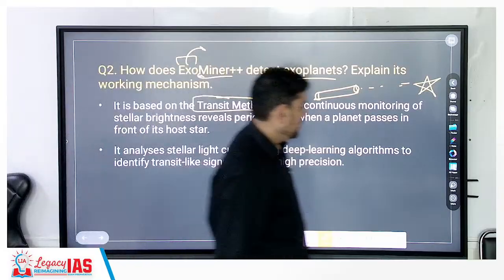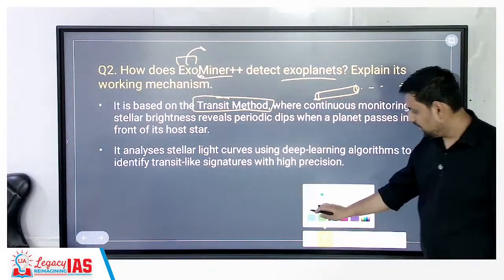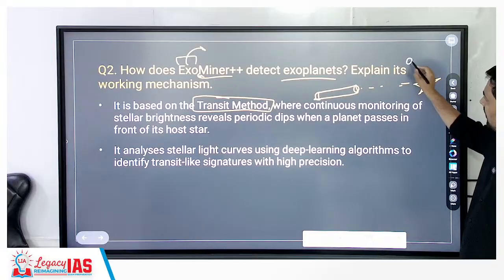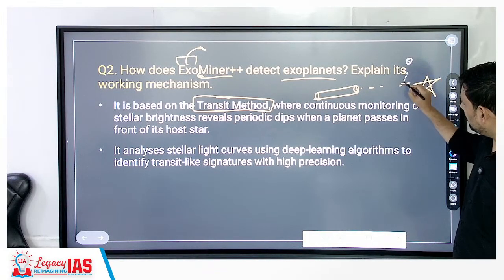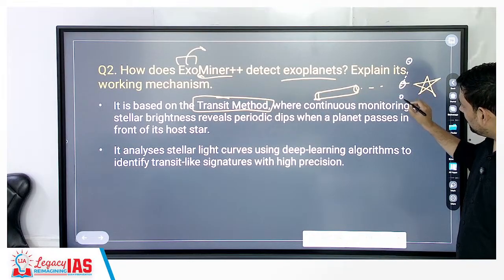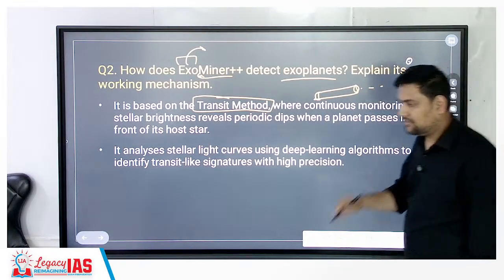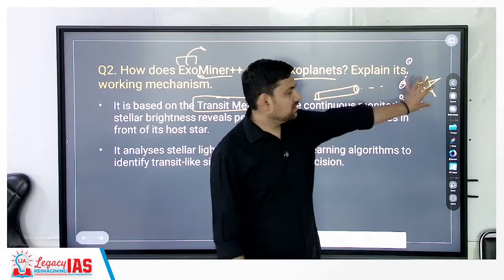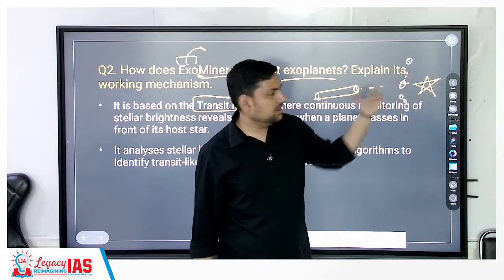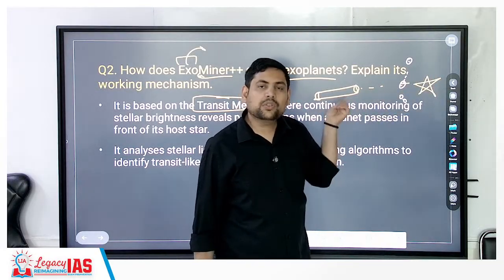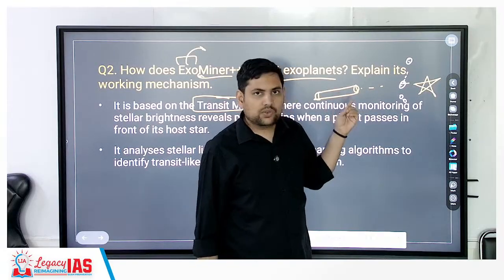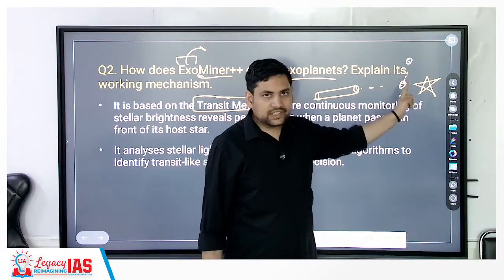Now, let's say a planet passes by here. So basically, this planet comes here and then goes away. This star is very big, releasing all the light towards this telescope for the machines to observe. Now, what will happen if a planet crosses here?